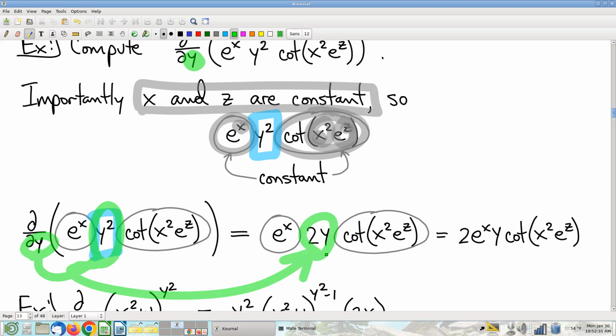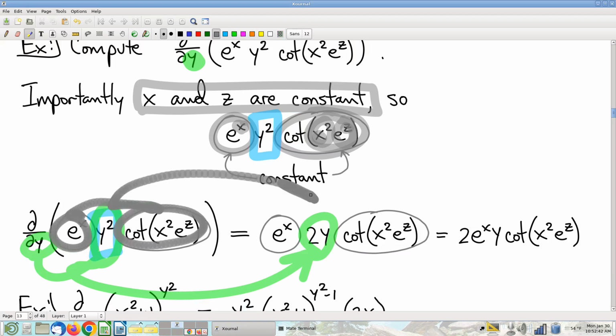You just ignore the constant and take the derivative of just the something, and of course the constant comes along for the ride. So all of this constant business is still there, but the action only happened on the stuff that's not constant.